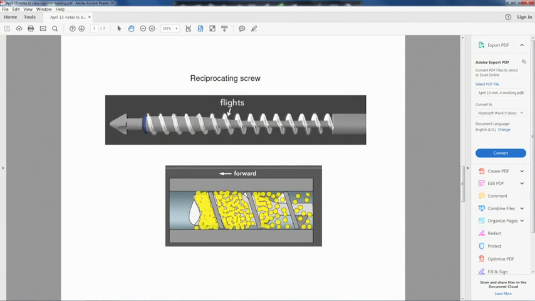When they are being pushed towards the injection chamber, they are also being sheared between the shaft and the barrel wall. So they are being pressed, and the shearing force is also acting on these pellets. So they are being heated up as they are pushed towards the injection chamber.